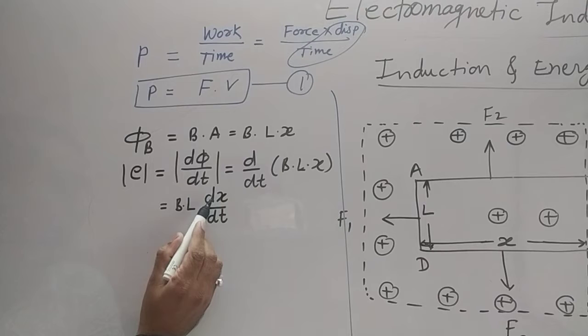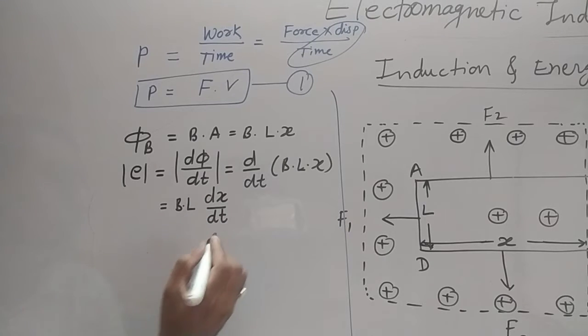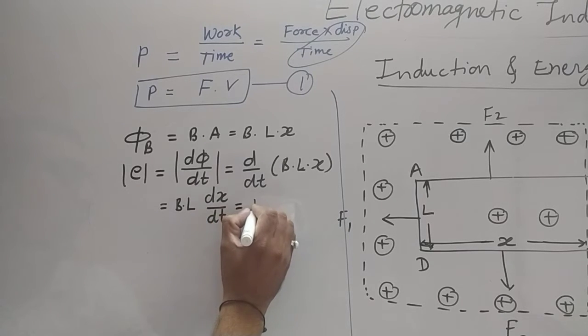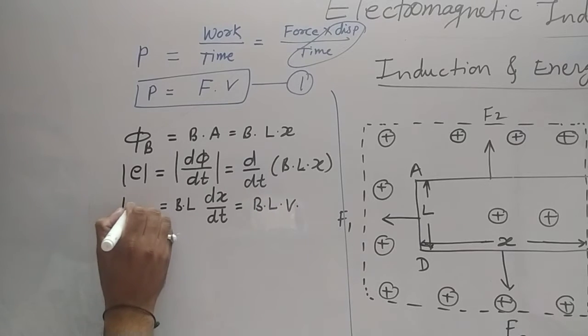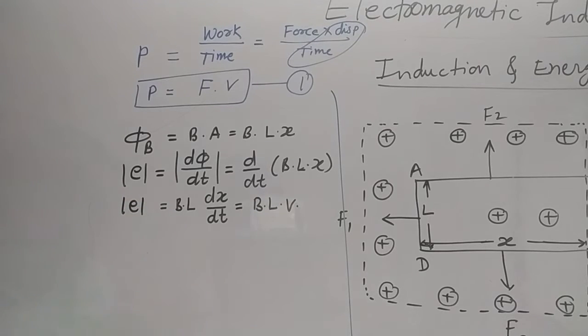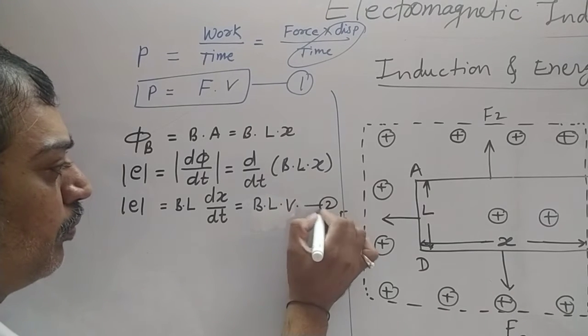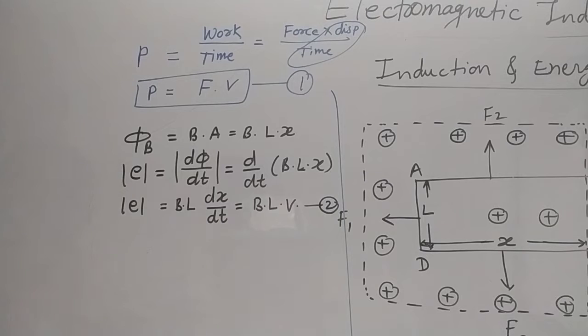Dx by dt, the rate of change of displacement with time, is the velocity. So E equals B L V, the magnitude of EMF. This equation we have derived earlier also. I will write this as equation 2.